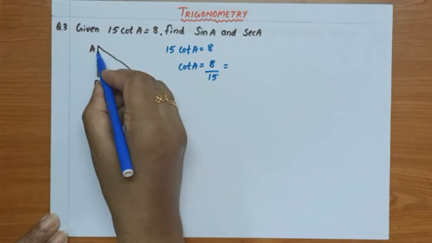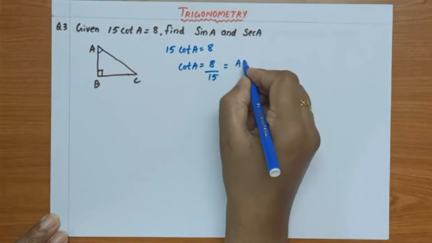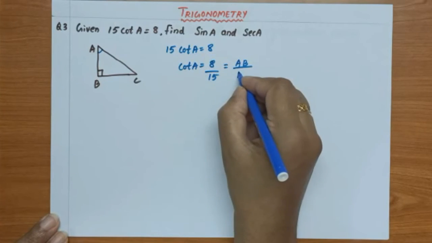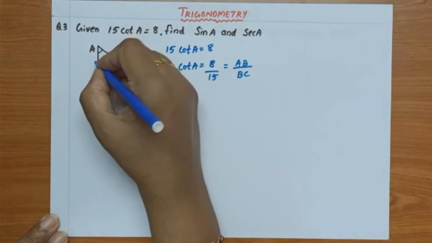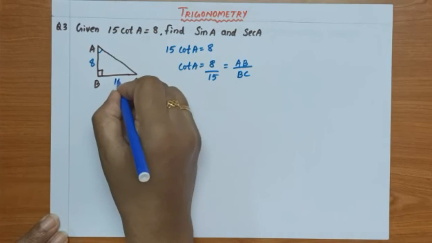According to angle A, adjacent side is AB by opposite side, it is BC. So the side AB is 8 and BC is 15.